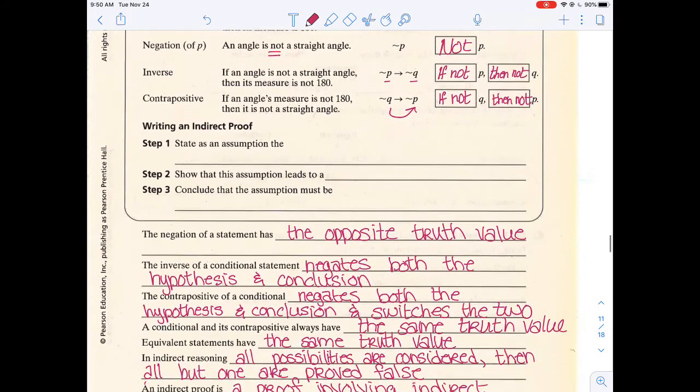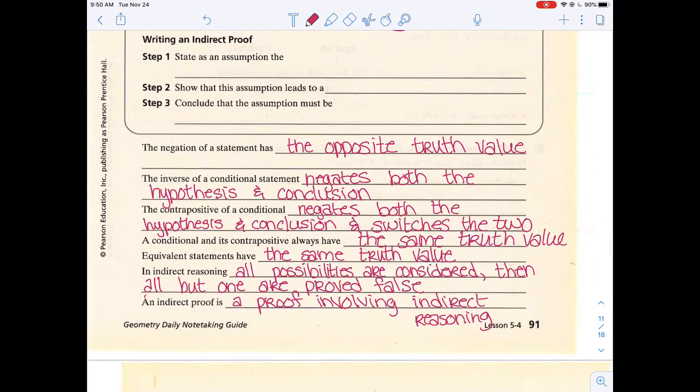Okay, and then the last main thing we need to talk about is writing an indirect proof. So there are 3 steps. The first step is to state as an assumption the opposite. Remember, we said the opposite is called the negation of what you want to prove. So in a direct proof, we said, okay, this is what we want to prove. We're going to start with that.